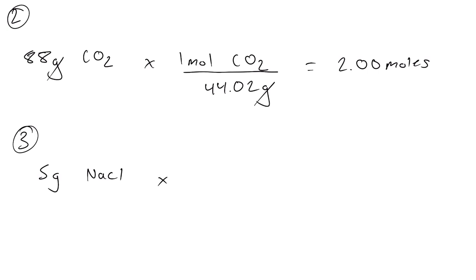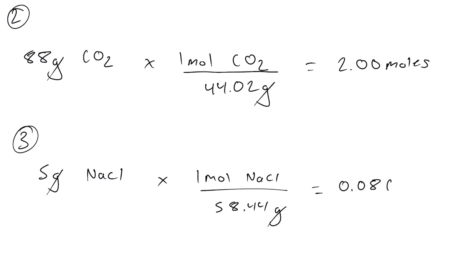So we want moles, so we're going to put the moles on the top. So 1 mole of NaCl has 58.44 grams in it. And so 5 divided by 58.44, the grams will cancel, and we're going to have 0.086 moles.